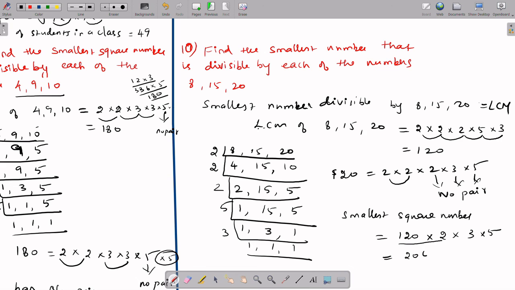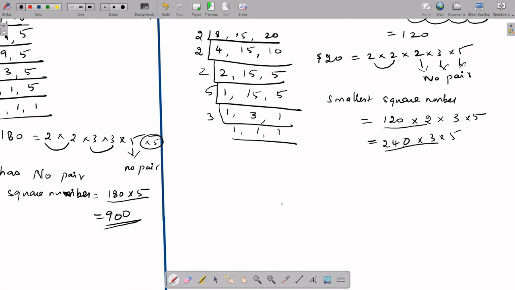120 into 2 is 240, isn't it? 0, 2 2s are 4, 1 2s are 2, 240. Then 240 into 3 into 5. Multiplying by 3 you get 0, 4 3s are 12, 2 you write, and 1 2 3s are 6, 6 plus 1 is 7, and that is multiplied by 5. 0, 5 2s are 10, with 1 carried, and 7 5s are 35, 35 plus 1 is 36.